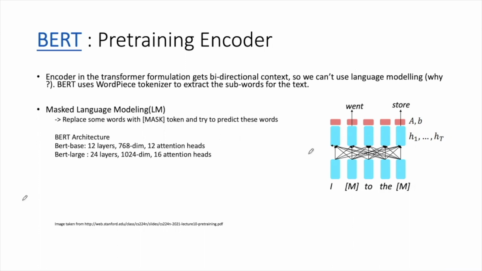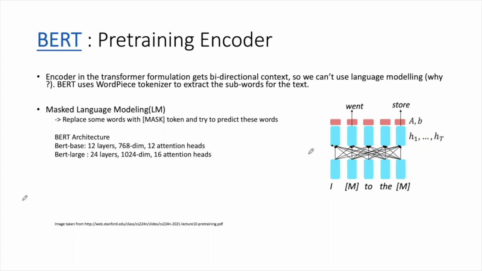Once again, there is a reason why language modeling cannot be used as a pre-training objective for an encoder. In bidirectional settings, when we try to use language modeling, there will be a stage where the input and the output words are the same. That's the reason language modeling cannot be used in a bidirectional context setting.